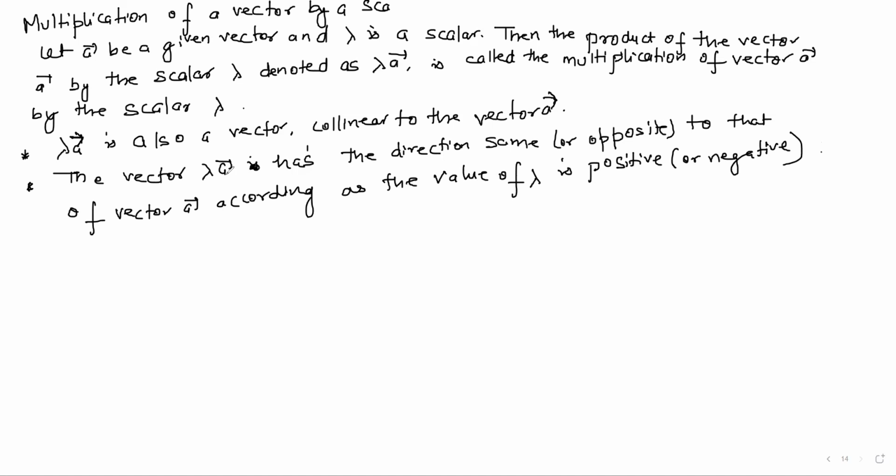Okay, the vector lambda A की direction क्या होगी? Same भी हो सकती है, opposite भी हो सकती है. That depends on the value of the lambda. Lambda positive है, direction same रहेगी. Lambda negative है, direction reverse हो जाएगी.